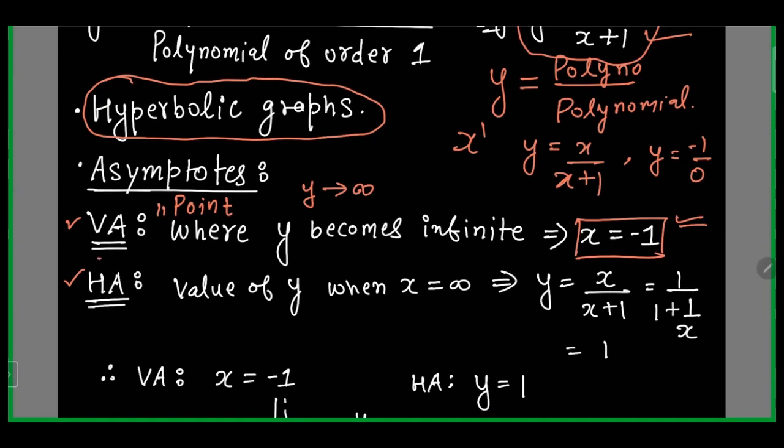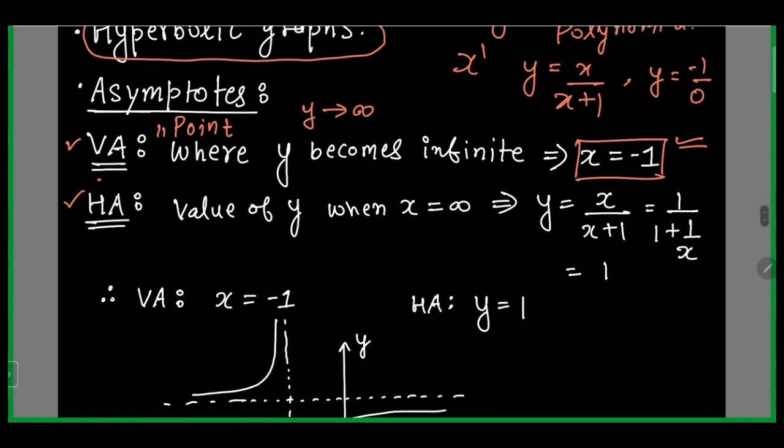Now let's see what the horizontal asymptote is. The horizontal asymptote is the value of y when x is infinity. So if you put x as infinity, what will be the value of y? This is your equation. Now what I can do is bring this x into the numerator. If I do that, you can see x divided by x will be 1, and 1 divided by x.